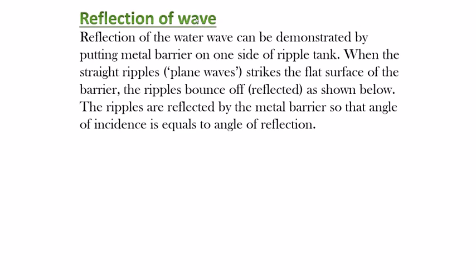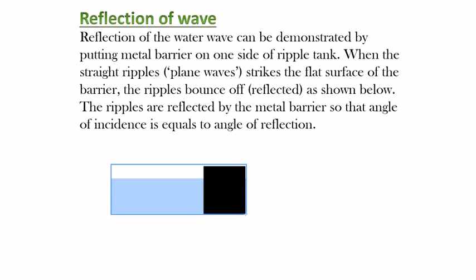In the same ripple tank, because we are using a ripple tank, it's easy to produce the water waves and easy to observe them. If this is a ripple tank, and you fill this ripple tank with water, and you place an object in front of this, inside the water, you place an object.